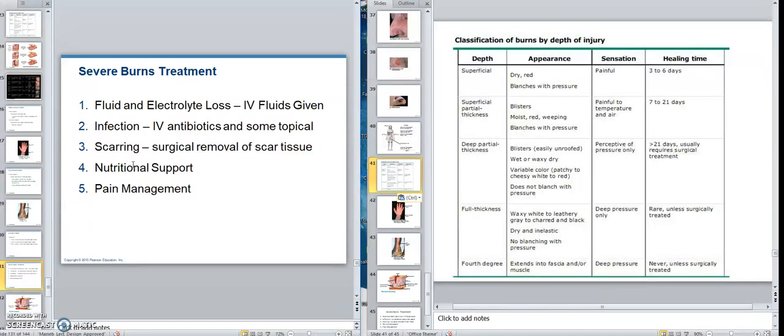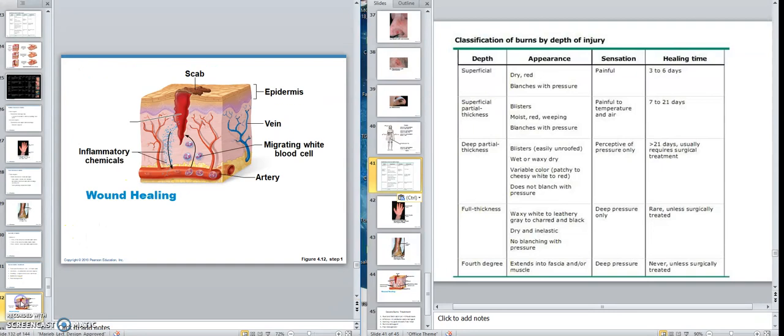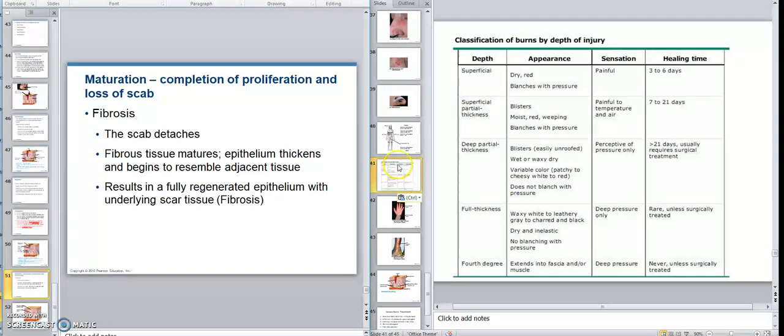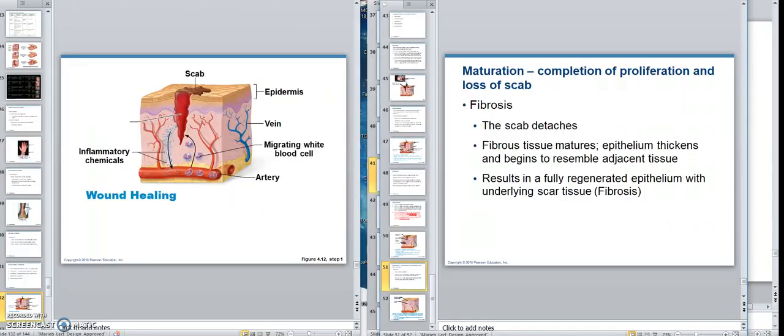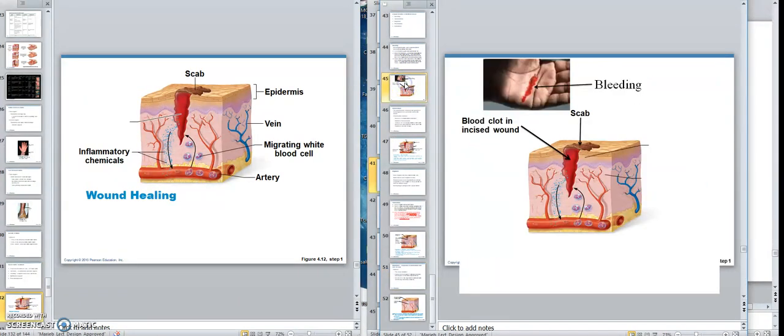All right. So now we go to, let's say, wound healing. Wound healing. Okay. Let's go back to our Histo 2 here. I'll put that over here. Okay, so you got a cut. We talked about in chapter 4.